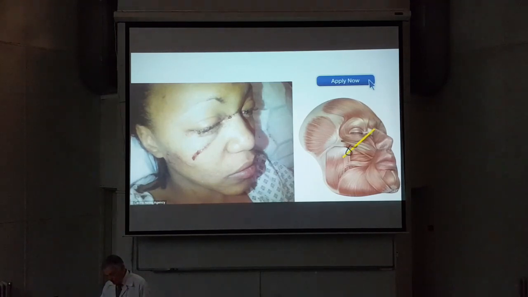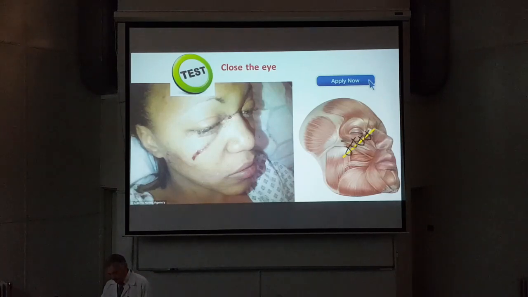If you suture this wound without knowledge of muscles of facial expression, you are suturing muscles together in one bite. So this lady, when she's asked to close the eye, that means it uses orbicularis oculi.